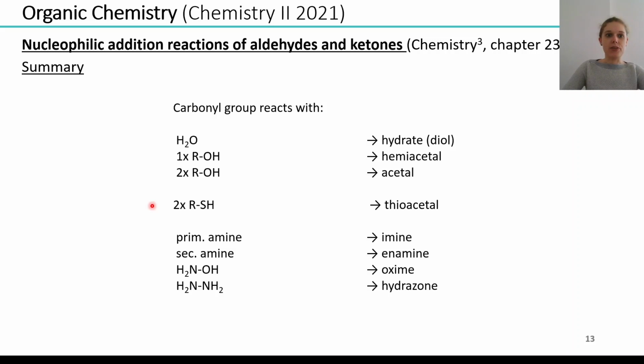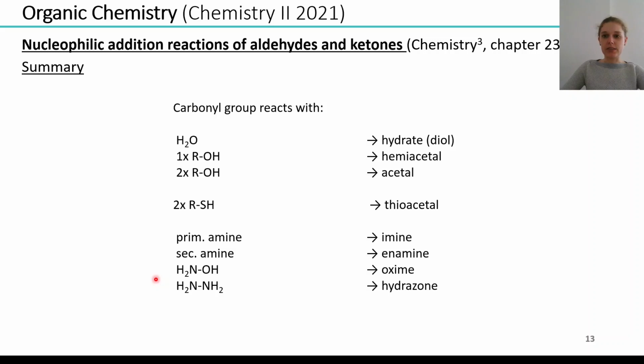Then we also had a look at the addition of sulfur nucleophiles, and we learned that the addition of two equivalents of thiols yields thioacetals. Finally, we also had a look at the addition of nitrogen nucleophiles. The addition of a primary amine to an aldehyde or ketone yields an imine, whereas the addition of a secondary amine yields an enamine.